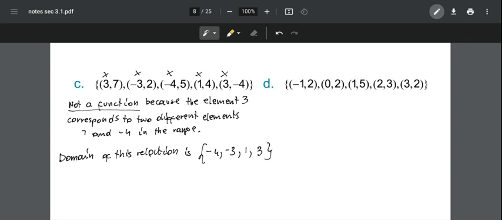Like you see, element 3 repeats. When I'm finding the domain, I'm only listing x equal 3 once. And now the range. For the range, we're going to list all the y coordinates and organize them from smallest to highest. So we have -4, 2, 4, 5, 7.